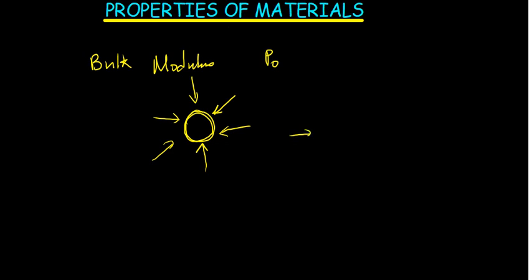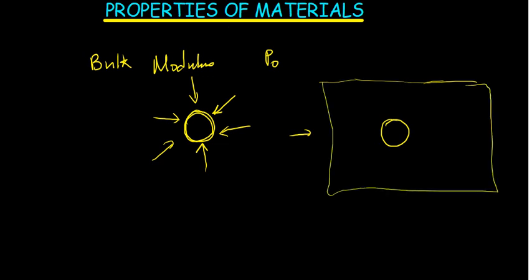So if we put this one now in water, the water is going to be exerting a force on it, such that by the end of it all, the shape of this object is going to reduce.